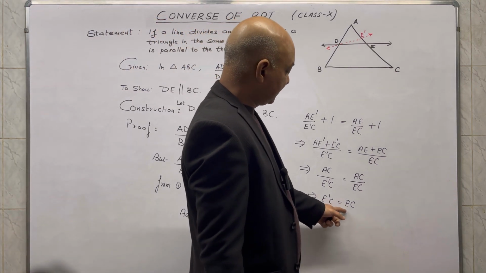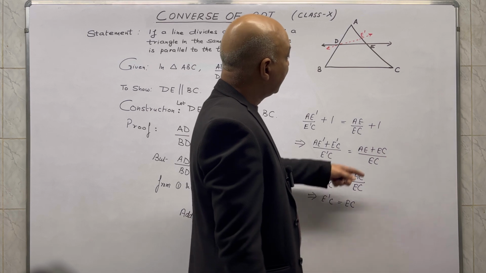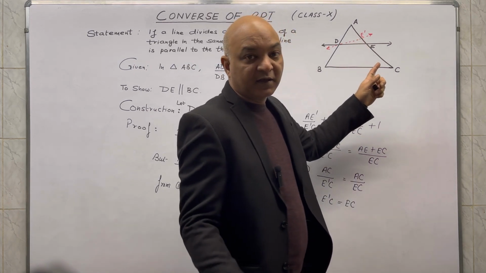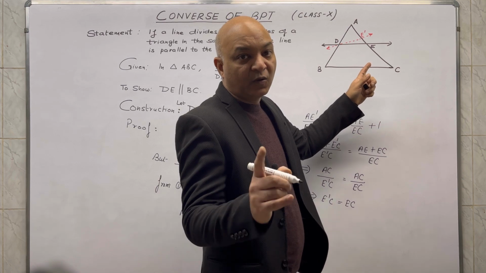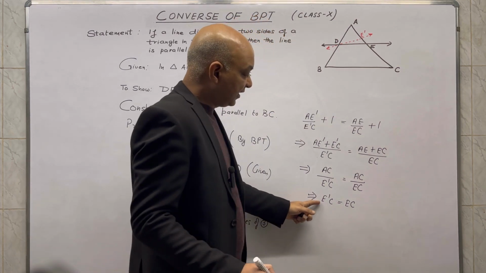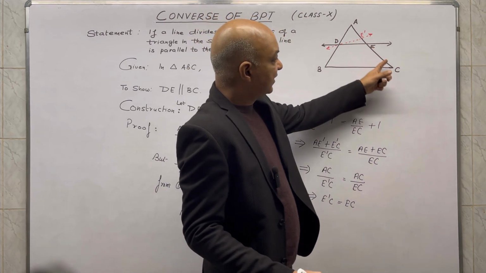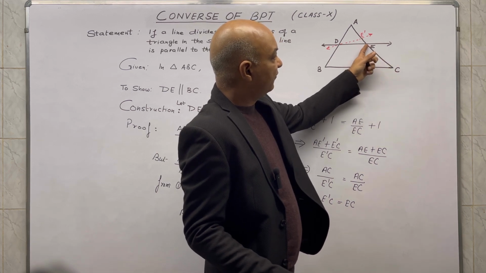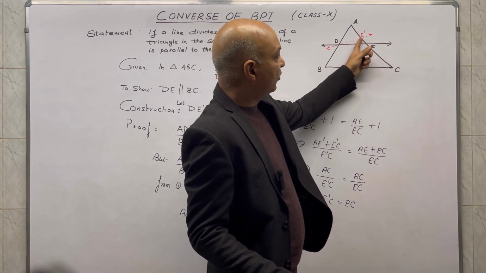Now this is only possible if E and E dash are nothing but the same point. That means they coincide. So E dash C will be equal to EC only if E and E dash coincide.